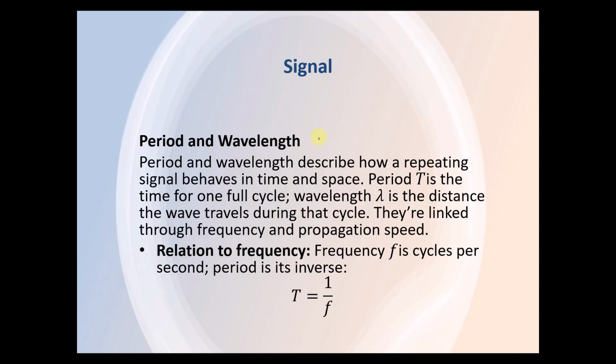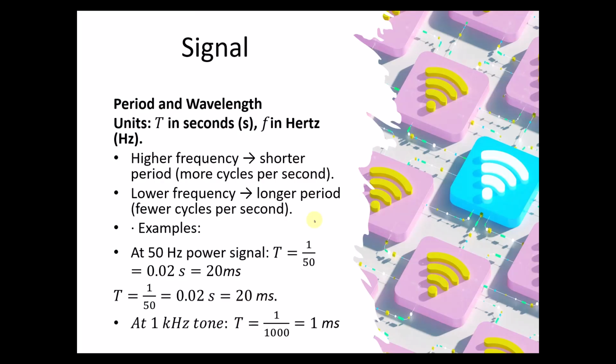This slide is talking about the period, and we have already talked about that, so we'll move forward. These are practical examples that we have to look at. We say higher frequencies have shorter periods and lower frequencies have longer periods.